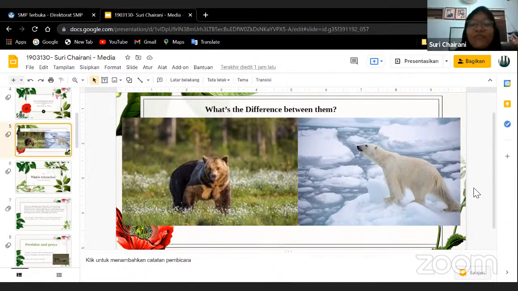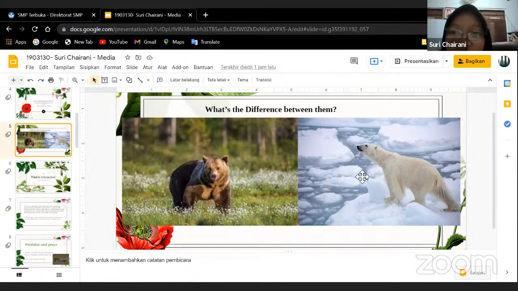Can the brown bear eat some fish? Anyone want to answer? Can the brown bear eat the polar bear's food?